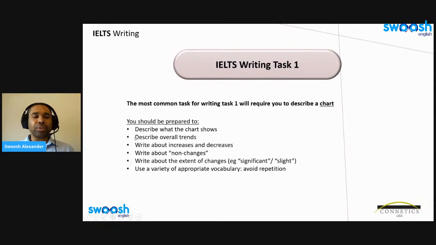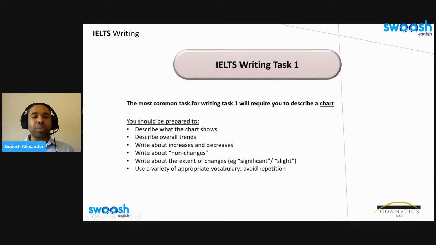And so what you need to do is to actually describe what the chart shows. You need to be able to describe the overall trends. Are the overall trends focusing on an increase or a decrease? Are they focusing on an overall period of stability? Whatever the overall trends are focused on, you need to be able to describe them.